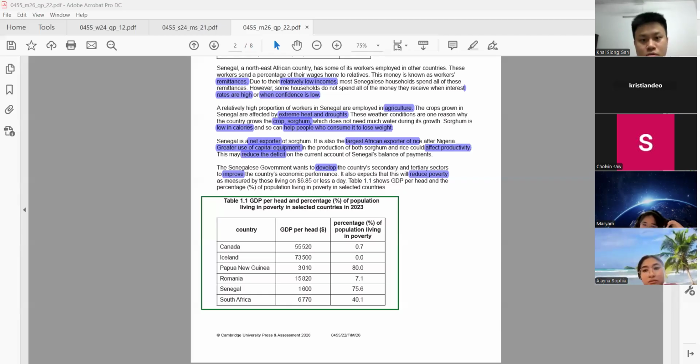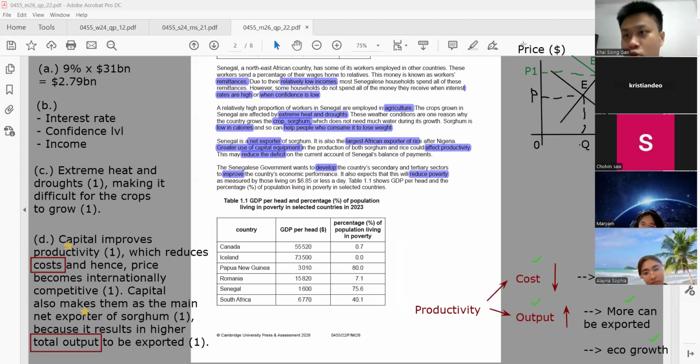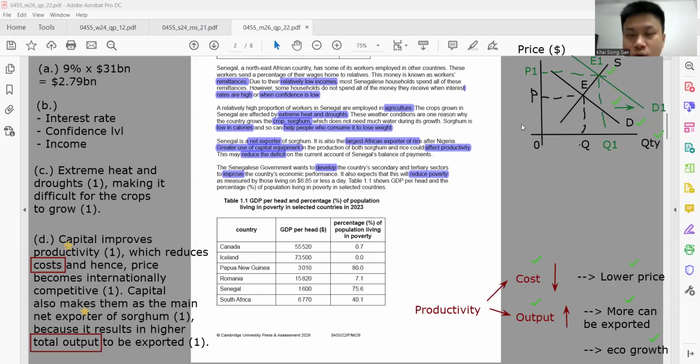Okay, Xin asked, does the arrow count as a mark? Depends. Okay, this is a good question, Xin. Let me show you. If you do not draw the arrow, but you indicate which one is the new graph, then it's okay.